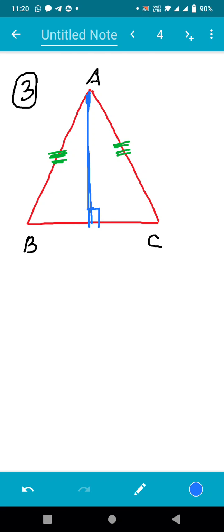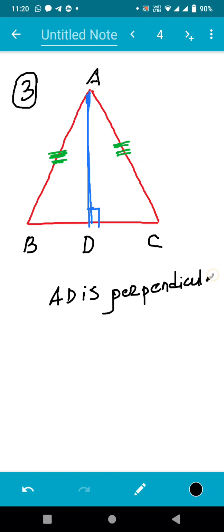So we'll name this as D. Okay, so AD is perpendicular to BC, isn't it? Now it is an altitude of the triangle.